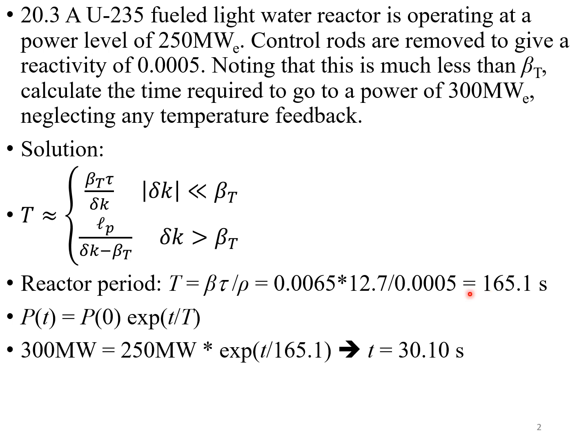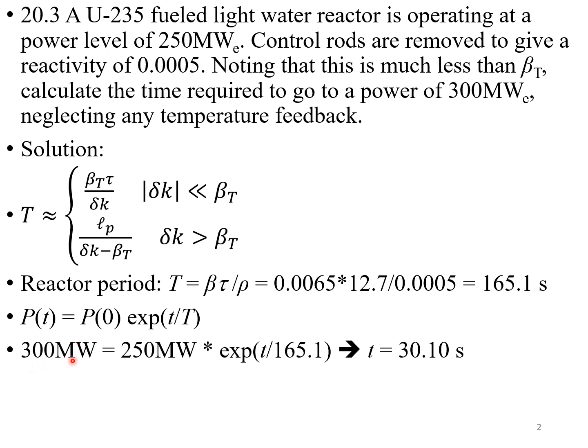Then with the reactor period, we have the reactor power P(t) equal to P0 times this exponential function. This P can be either thermal power or electrical power, because the electrical power is proportional to the thermal power. Then we substitute all those values into this equation.